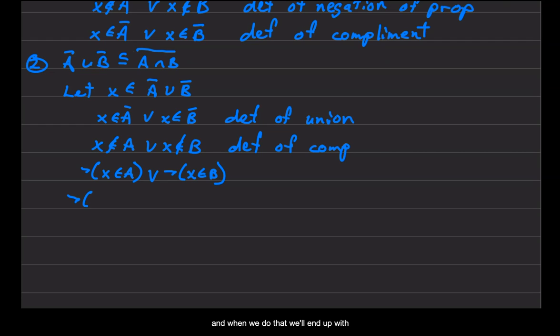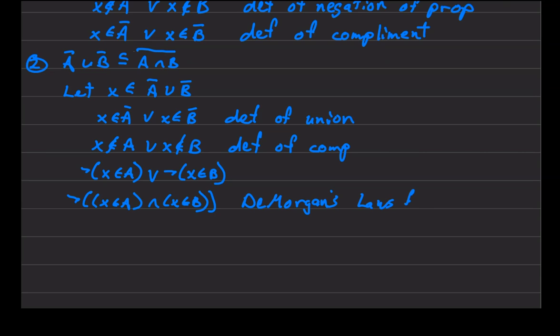And when we do that, we'll end up with X is in A, and our sign flips. So instead of or, we'll have and. X is in B. This is by DeMorgan's laws for propositions.